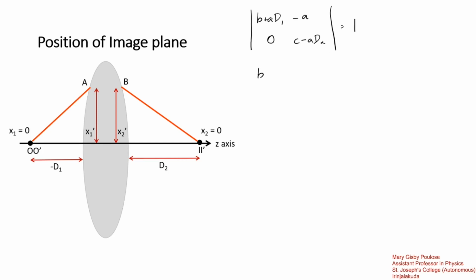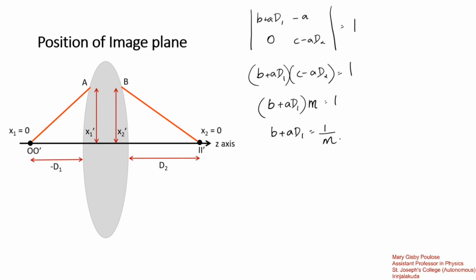It implies b plus a d1 into c minus a d2 is equal to 1. Now we know that c minus a d2 is equal to m, so b plus a d1 into m is equal to 1, which implies that b plus a d1 is equal to 1 by m, the inverse of magnification.